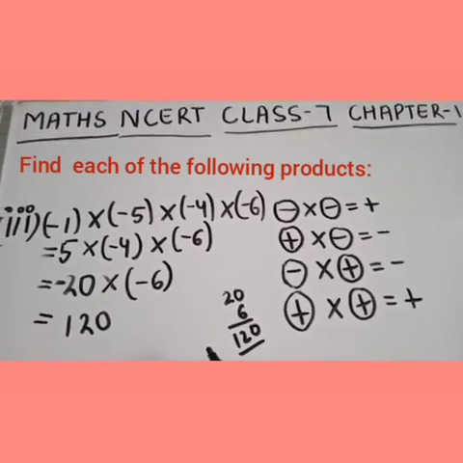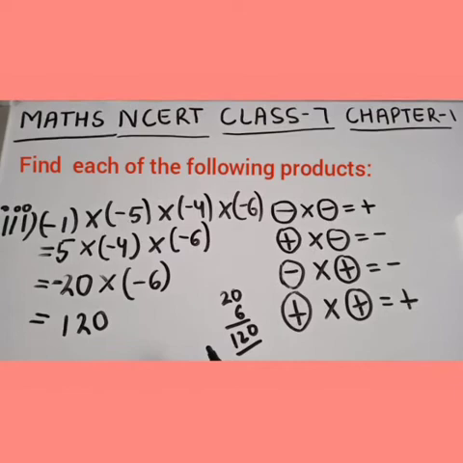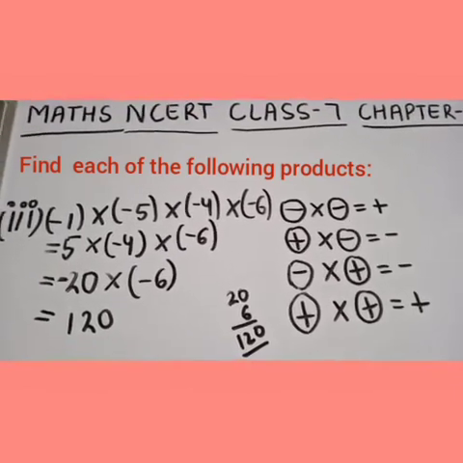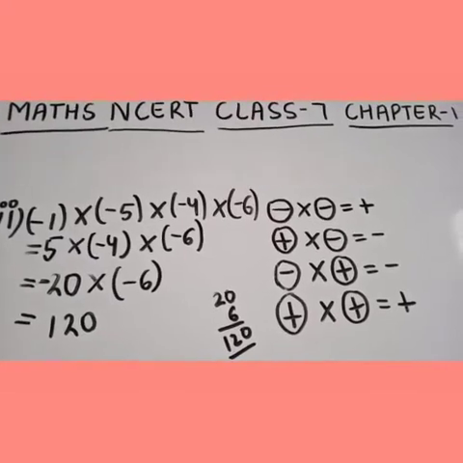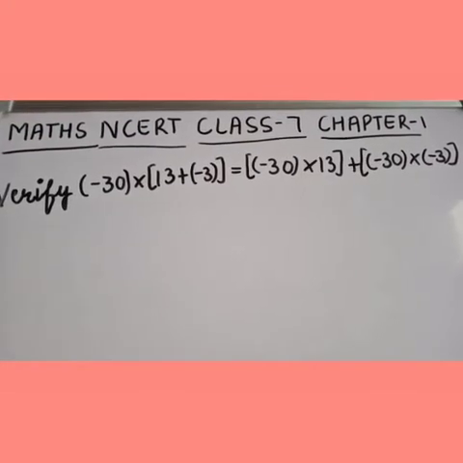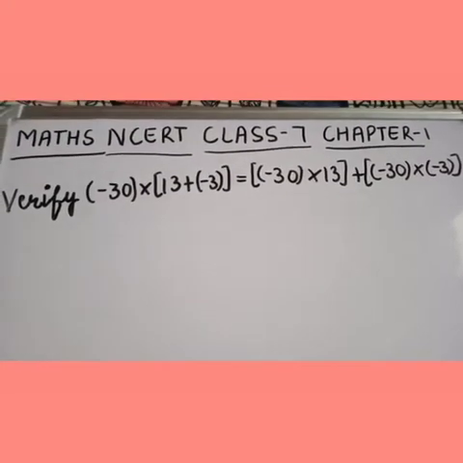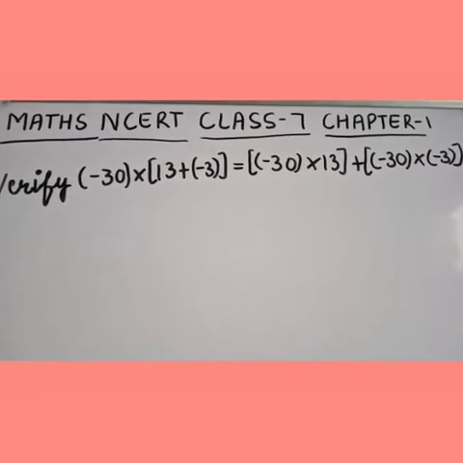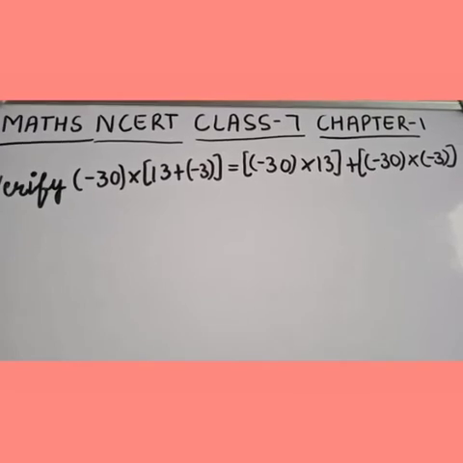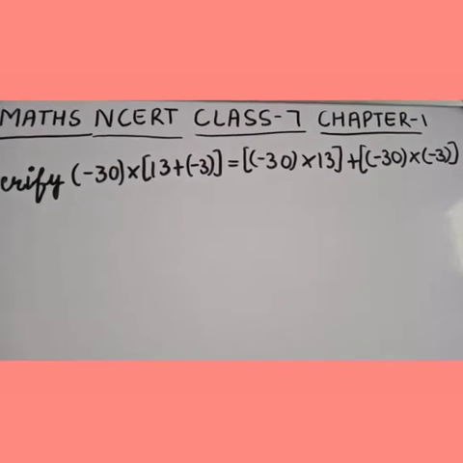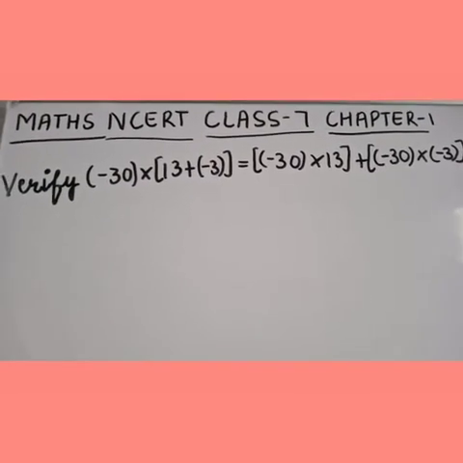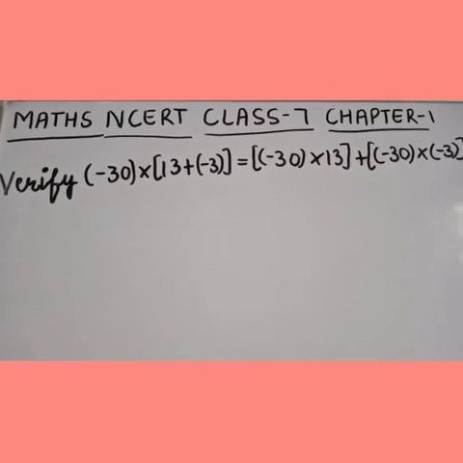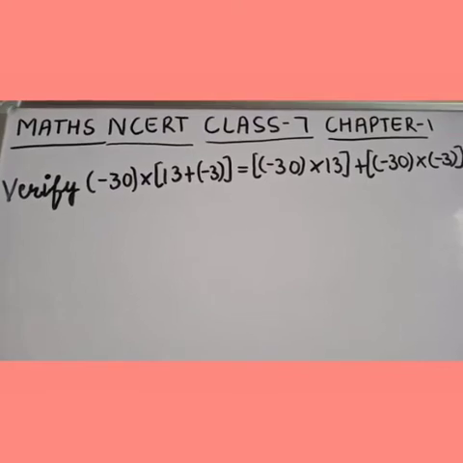I hope you all have cleared your doubts of example number 2. Now let's come on to example number 3. Now example number 3 says minus 30 into 13 plus minus 3 equals to minus 30 into 13 plus minus 30 into minus 3. Now here what we have to do is verify. Verify means we have to prove.